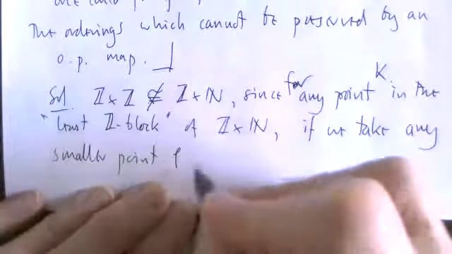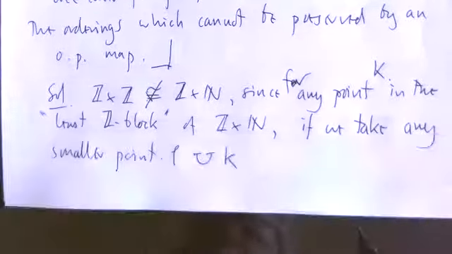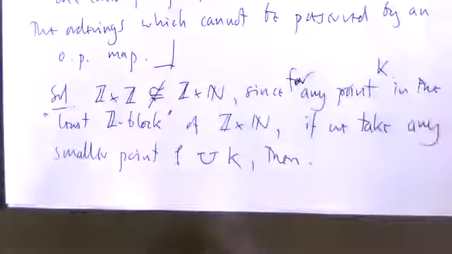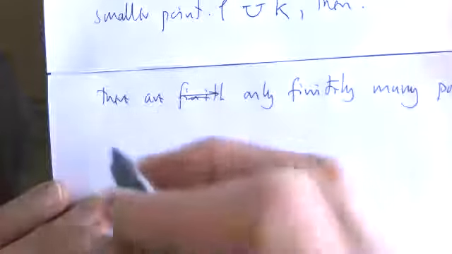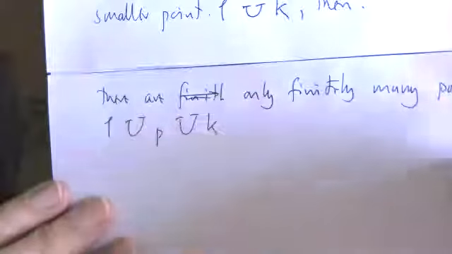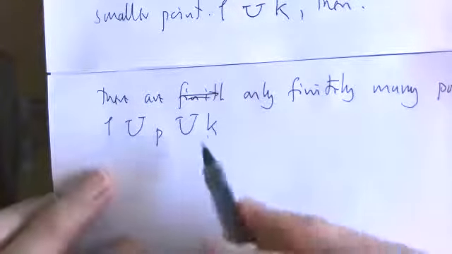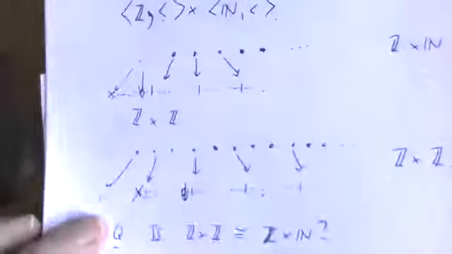If we take any smaller point, L, which comes before K in our definition of the product ordering here, then there are only finitely many points P between L and K. Right, so here's my L and here's my K I'm talking about.